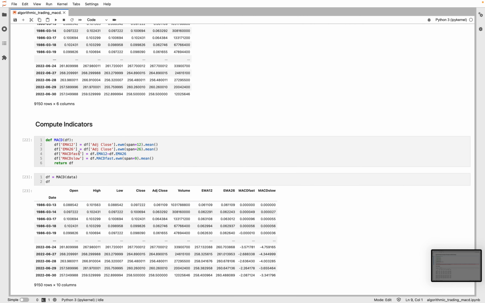We compute the 12-period EMA, then we compute the 26-period EMA, and the MACD fast line is calculated by the difference between the 12-period and the 26-period EMA, and the MACD slow line is computed by the 9-period exponential moving average of the MACD fast line.